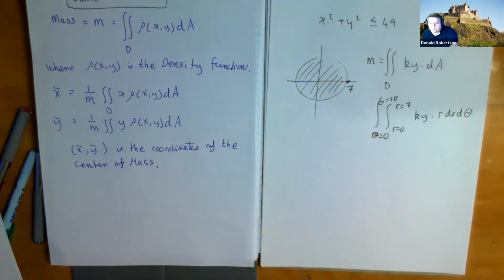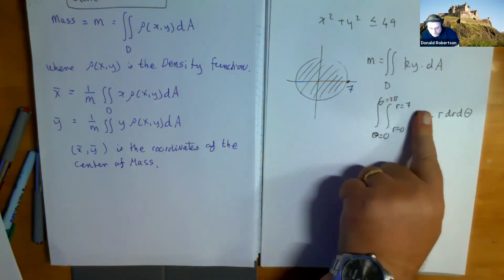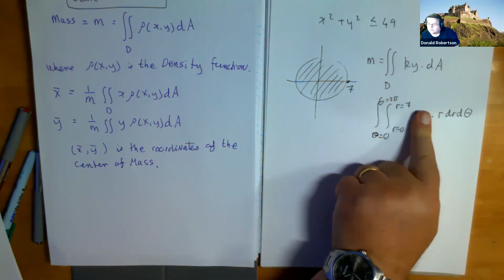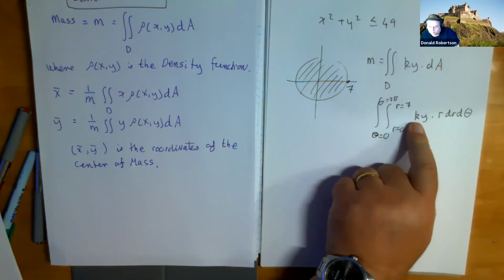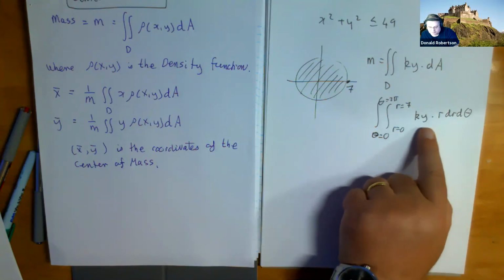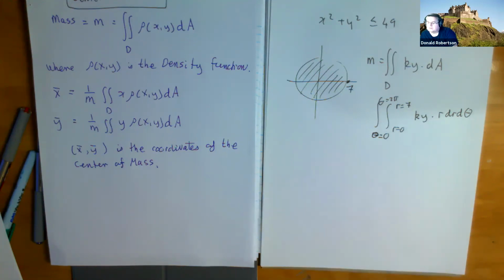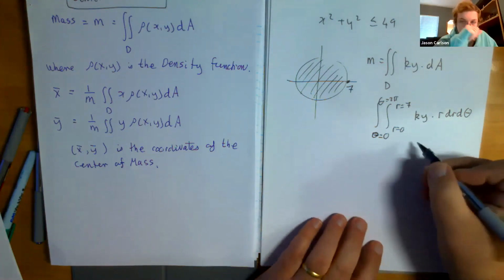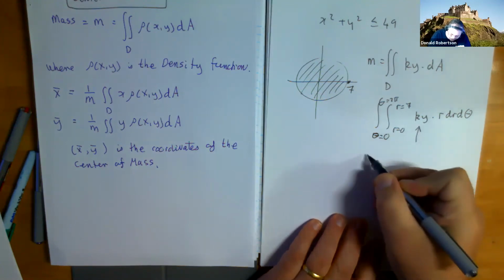Are we all comfortable about the general way in which you convert things to polar? Now, the only guy that really needs to be fixed here is that y is not going to play well with r and theta. So what does y on its own look like when you make it polar? r sine theta.